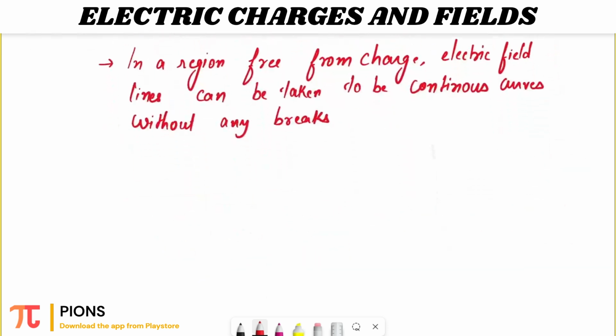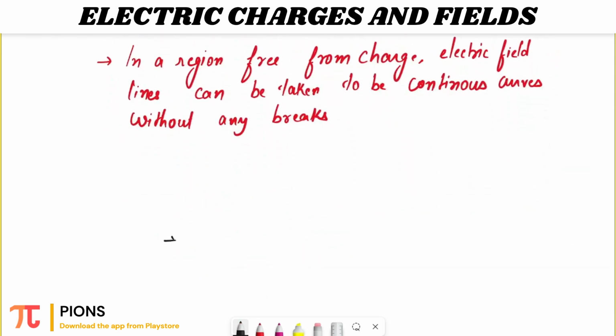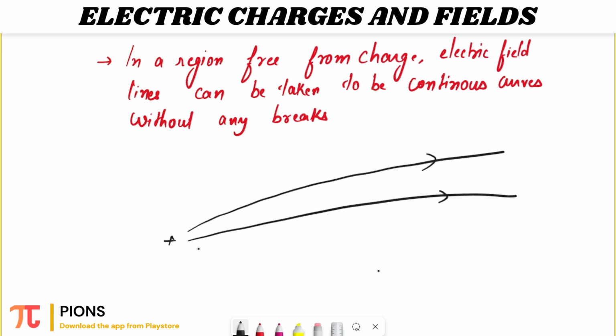So what can't be possible? If this is a positive charge, the field line going from here can be like this, can be like this, but it can't be like this. You can't have breaks. This is not possible. Your field line cannot be like this.